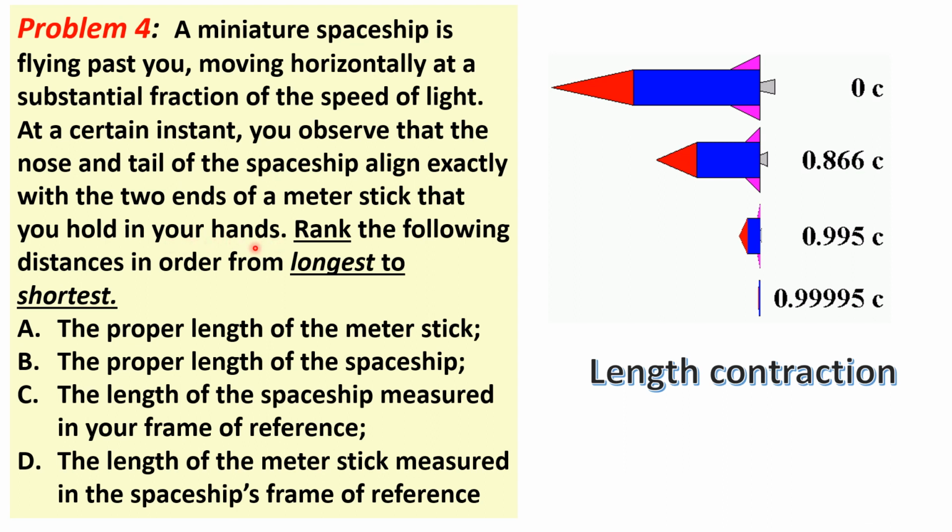Rank the following distances in order from longest to shortest. Letter A, the proper length of the meter stick. Letter B, the proper length of the spaceship. Letter C, the length of the spaceship measured in your frame of reference. And letter D, the length of the meter stick measured in the spaceship's frame of reference.